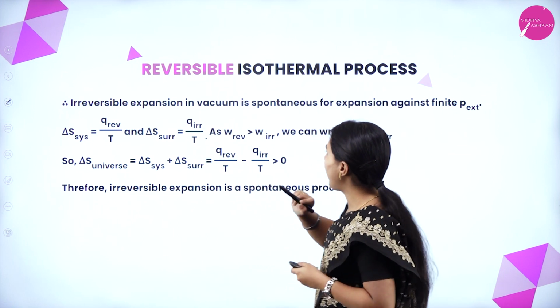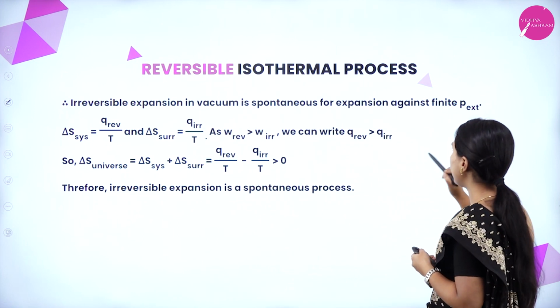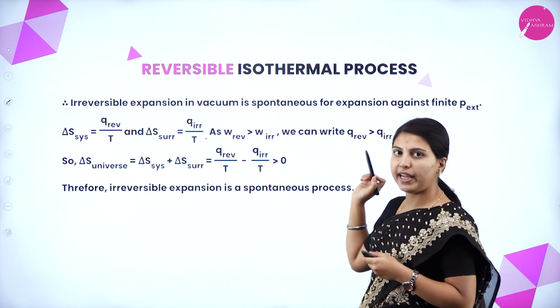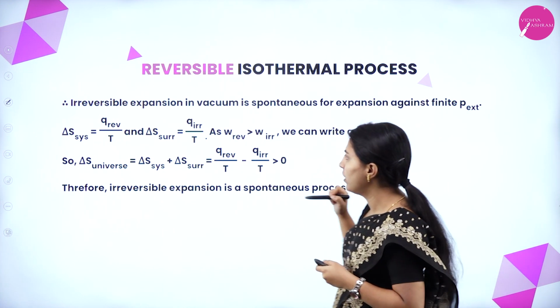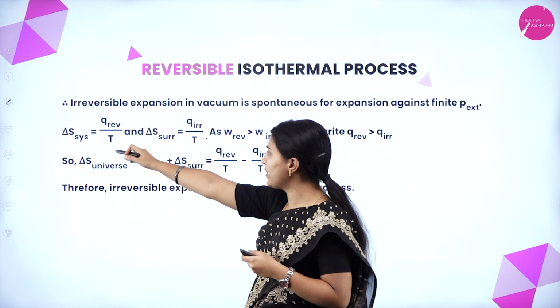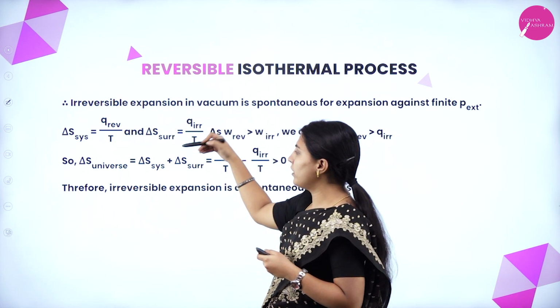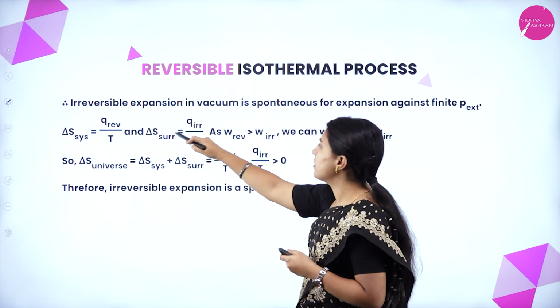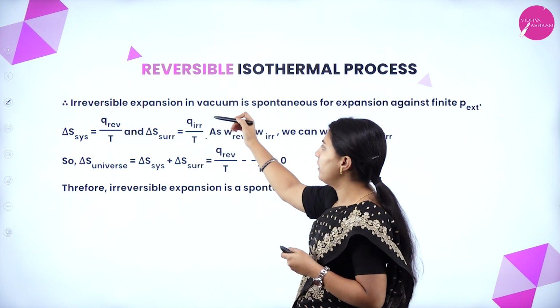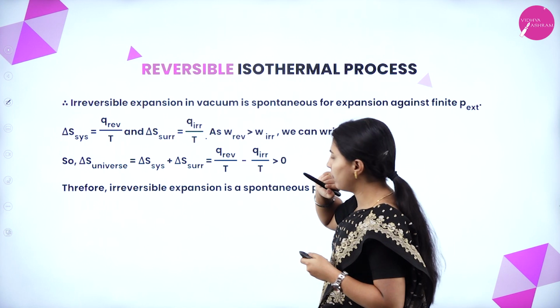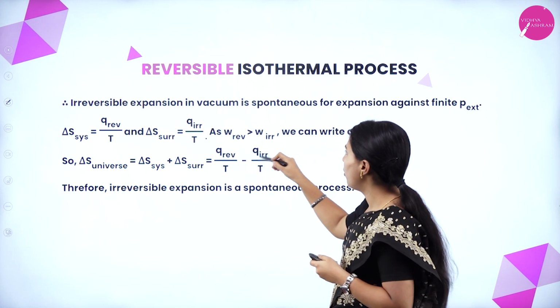Irreversible expansion in vacuum is spontaneous. For expansion against a finite external pressure, see here: the entropy of the system is equal to heat reversible by T, and the entropy of the surroundings is heat irreversible by T. What will happen?